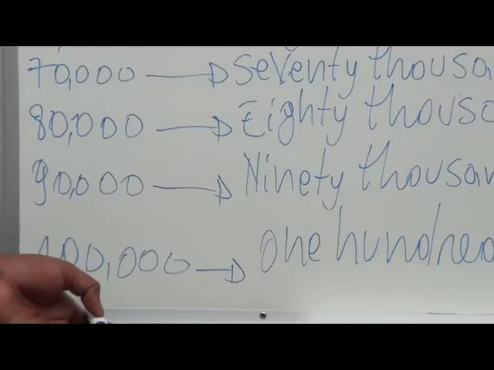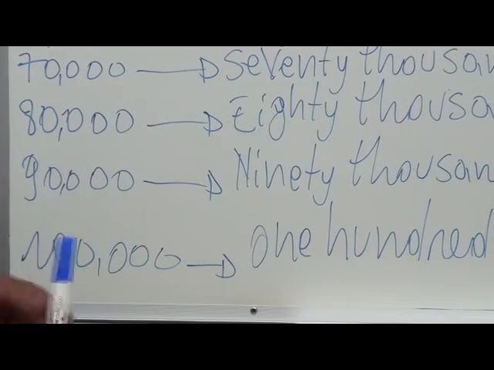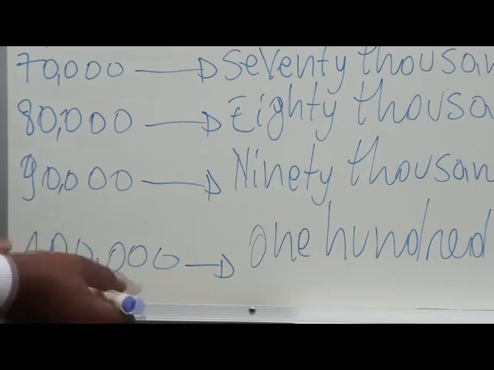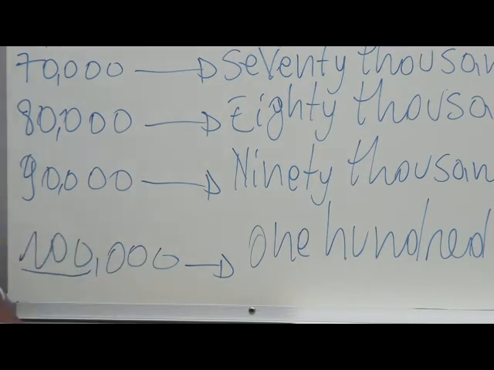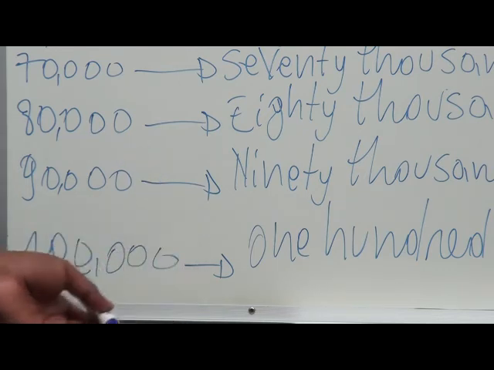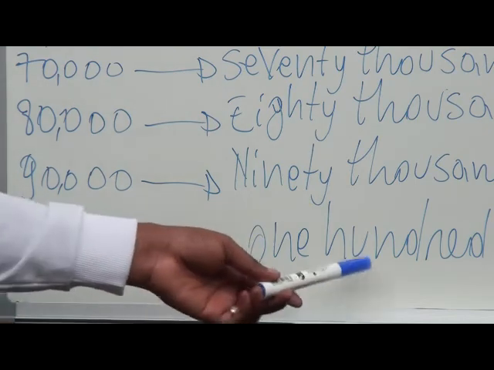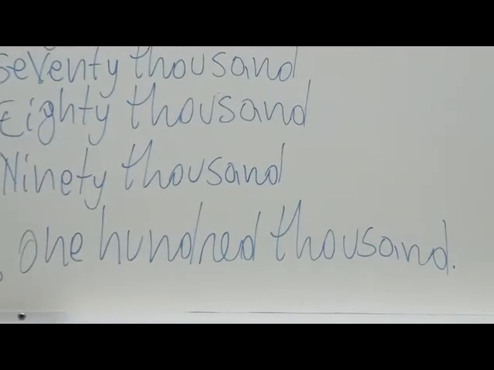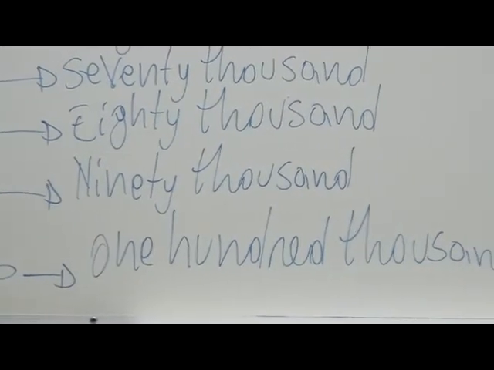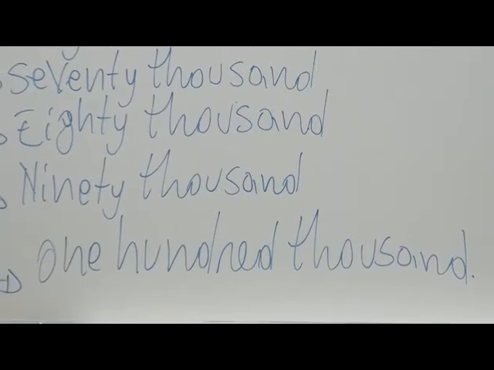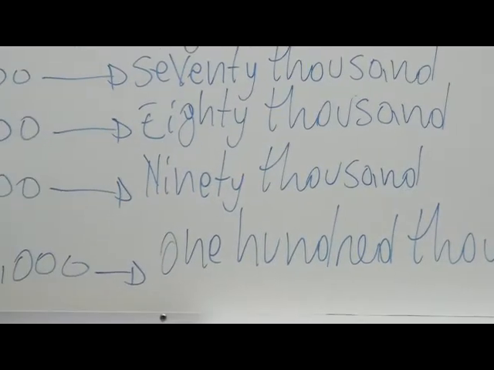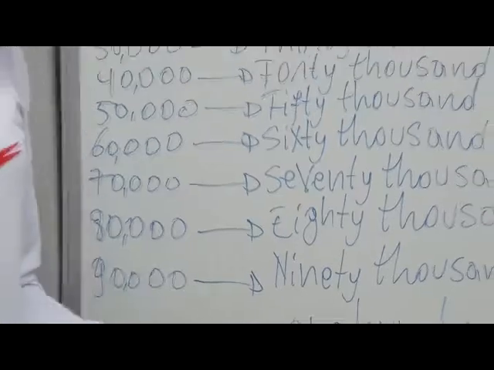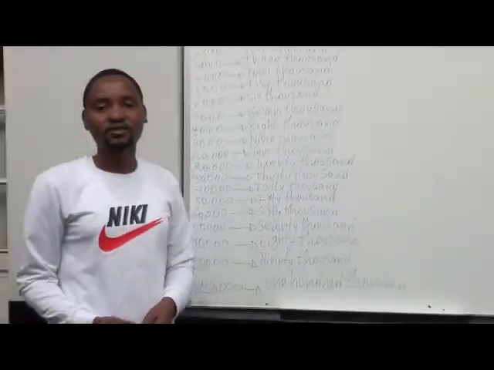So here, this number is 100, and these 3 zeros we say 1,000. So this number is 100,000. I will repeat again, 100,000.